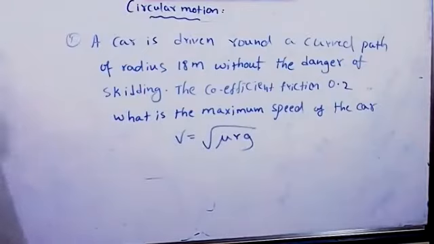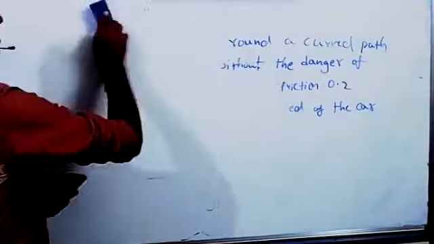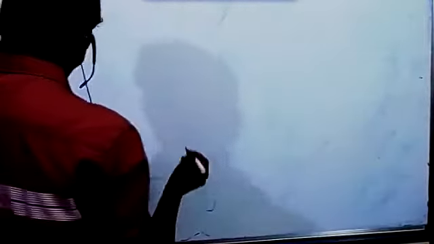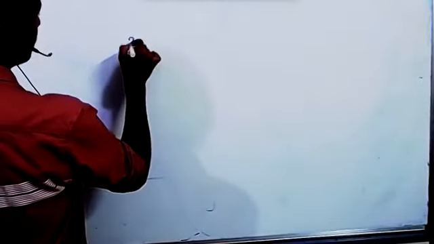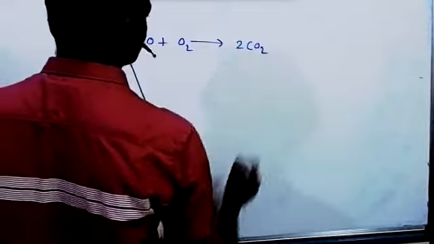So a mixture of 2 moles of carbon monoxide and 1 mole of oxygen. It is a combustion reaction. Two moles of carbon monoxide and 1 mole of oxygen give 2 moles of carbon dioxide.